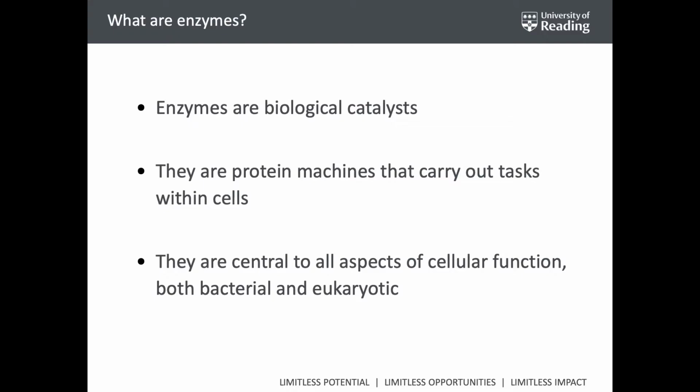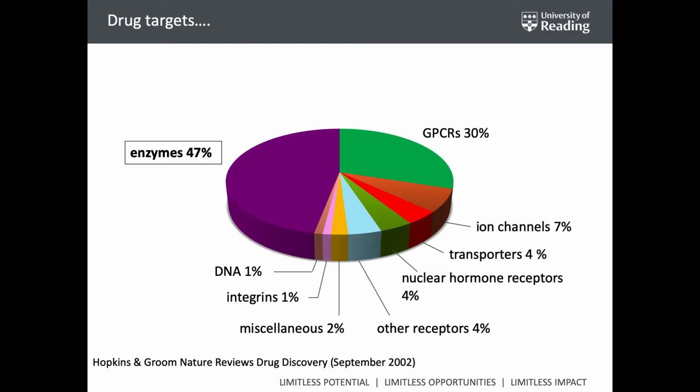And to give you an idea as to exactly how important the enzymes are as drug targets, here's an overview of current drug targets. So for licensed drugs that are used in clinical practice, this is from a while ago, back in 2002, but this is still very much the case today. If you look across all of the different targets that small molecule drugs are hitting, actually almost half of them are enzymes. And there's a variety of other targets which are approached by drugs in other concepts.